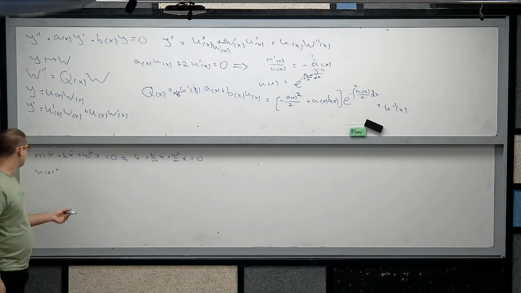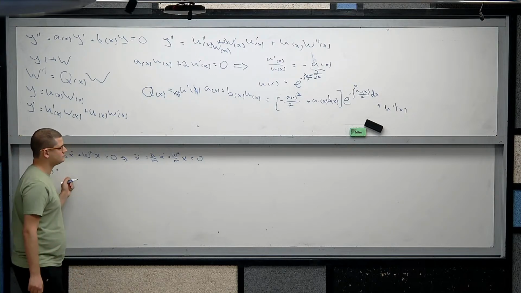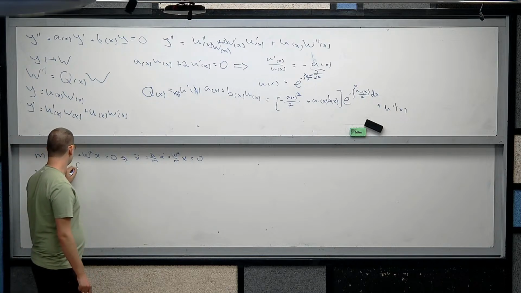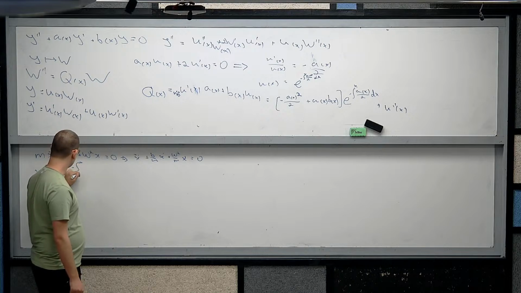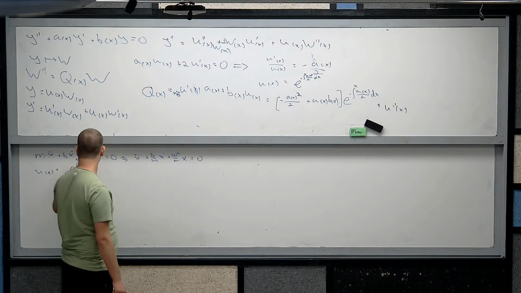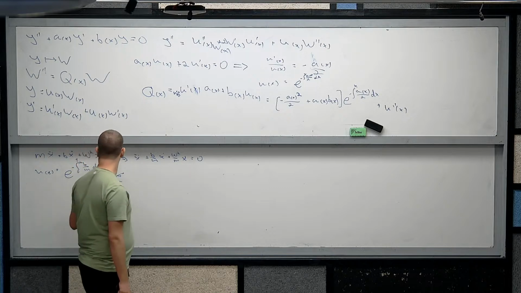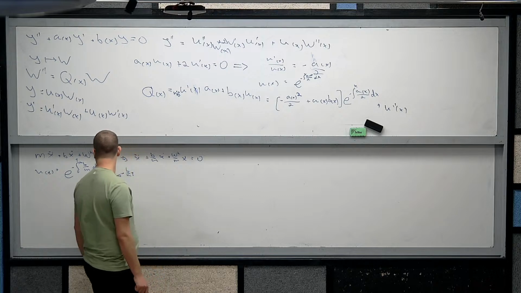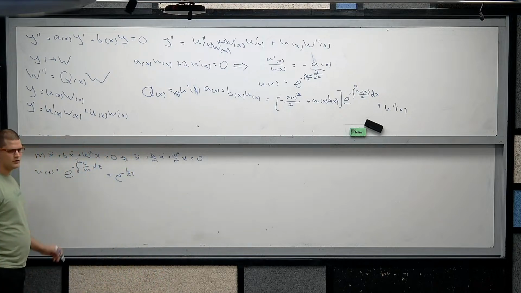And now, what is u of t in that case? e to the minus half of b, let's do it from 0 to t of what? A divided by 2, b divided by m dt. Yay, what we got is bmt. Nice, that's what we got.